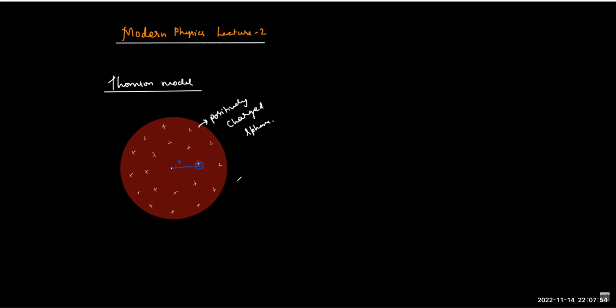So what is the force acting on this particle? We know that inside the uniformly charged sphere, the electric field will be radially outward. So if the electric field is in this direction, the force on the negative charge will be, let's call this E in value.